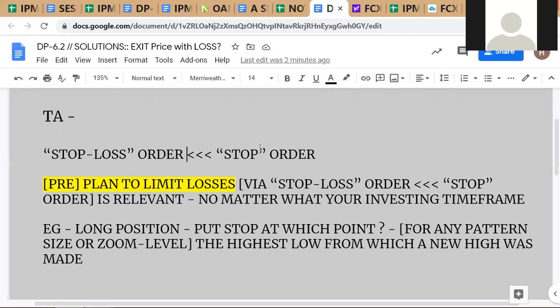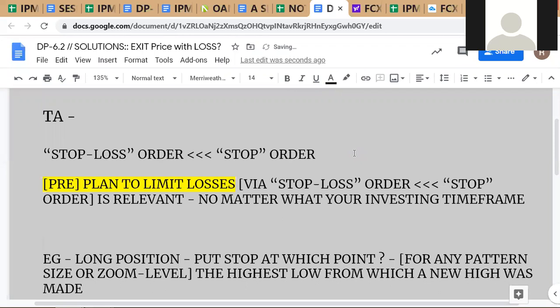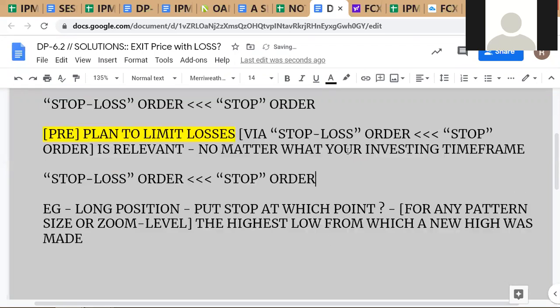The reason is, let me put this here once again. So, why stop order? Try to explain.